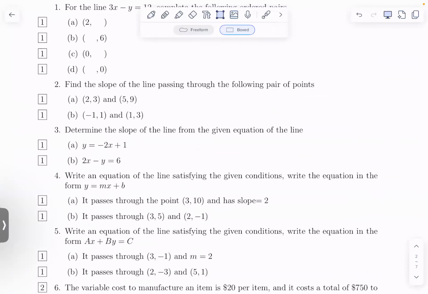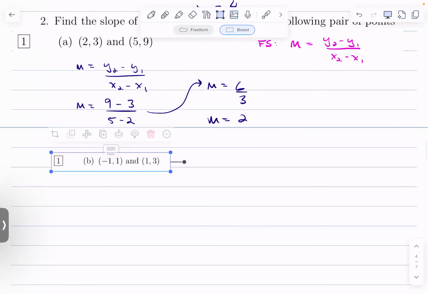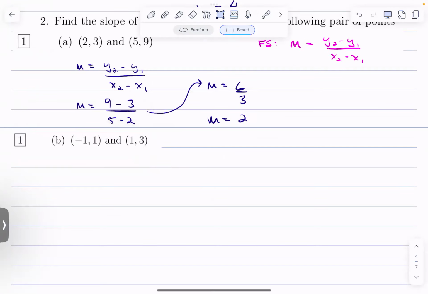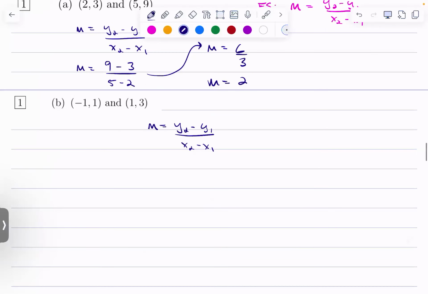Now do it again with 2 new points. Same formula. Of course, y2 minus y1 over x2 minus x1. 3 minus 1 over 1 minus negative 1.